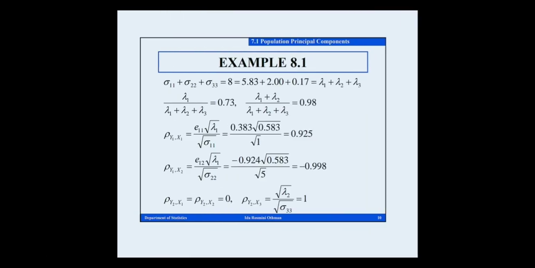Okay, so tengok example, guna example yang sama tadi. Let's say kita nak cari which variables are most important to the first, second and third principal component. Let's say start dengan first principal component y1, kita ada x1 dan kita ada x2.